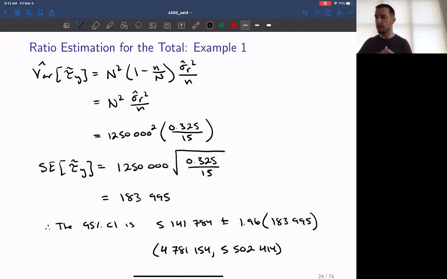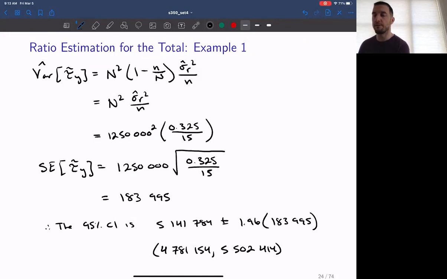Okay, so I think that in this situation, the estimate for the total, this concept is pretty straightforward, following from the estimate for the mean. So again, really, all we're talking about here is multiplying by a factor of capital N, and that capital N is accounted for in both the standard error and in the estimate for the total. Right. And again, just as a reminder, this ratio estimation approach and the direct approach, which would be the SRS approach, both come from the same sample.